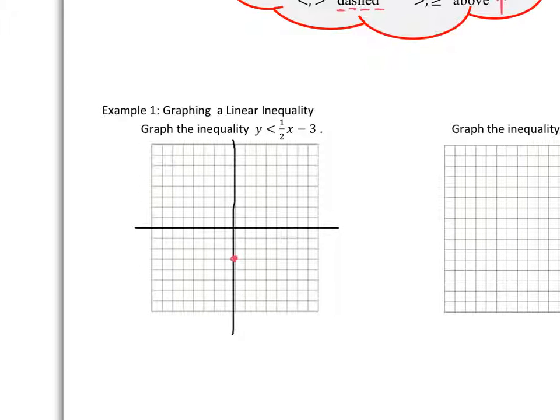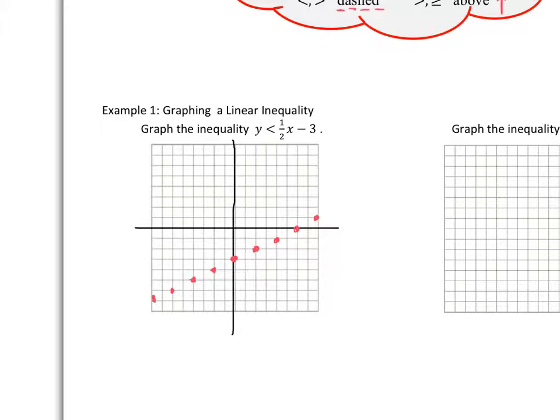So we're going to put a point at -3, and based on the slope, how do we move from there? Up 1 over 2. Up 1 over 2. And down 1, left 2.